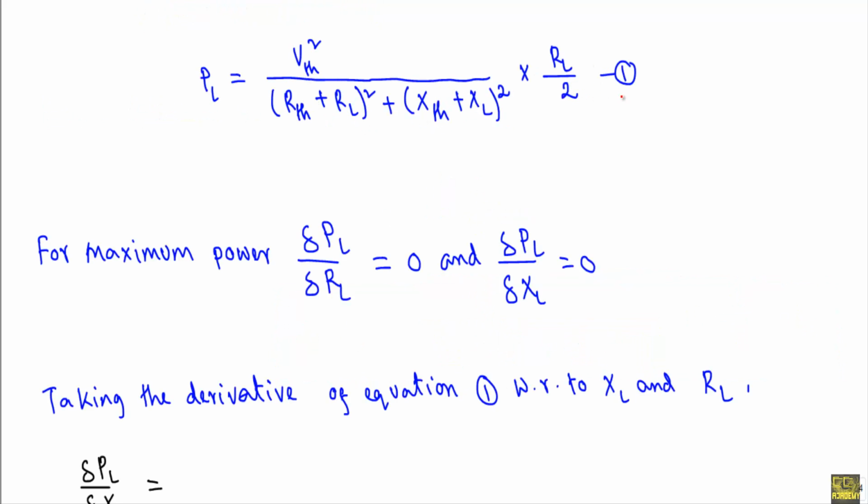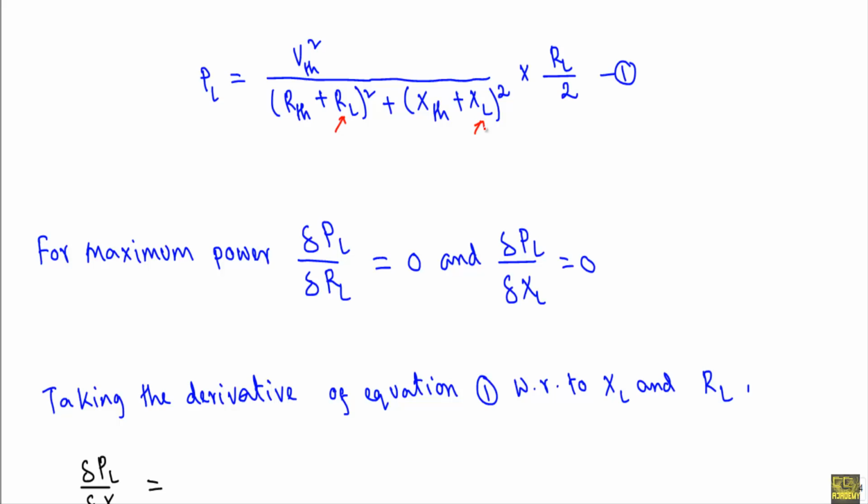Now look at equation number 1. PL is equal to VTH square into RL over 2 into RTH plus RL whole square plus XTH plus XL whole square. Here see, the power delivered to the load impedance ZL is a function of RL and XL.